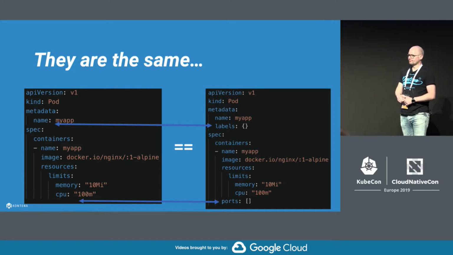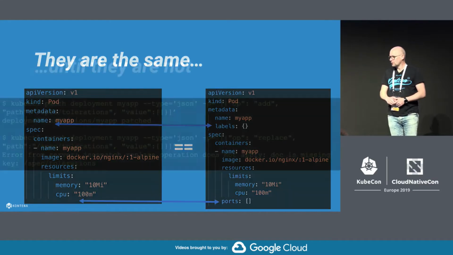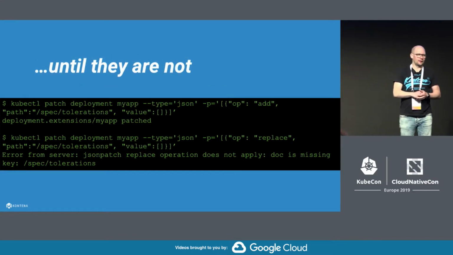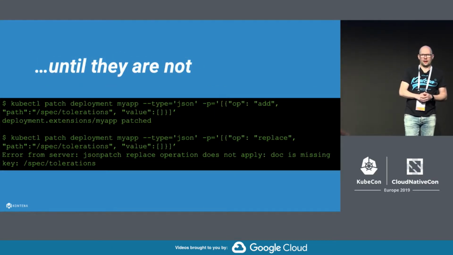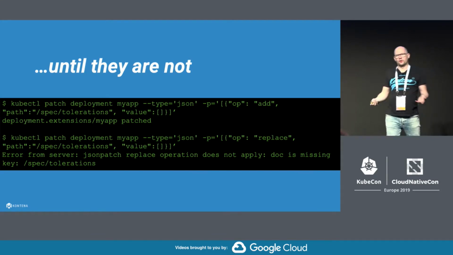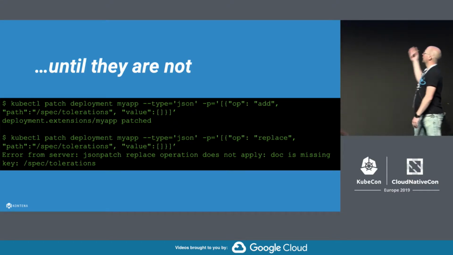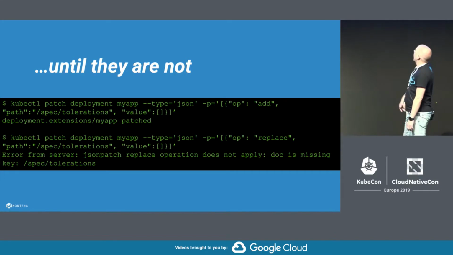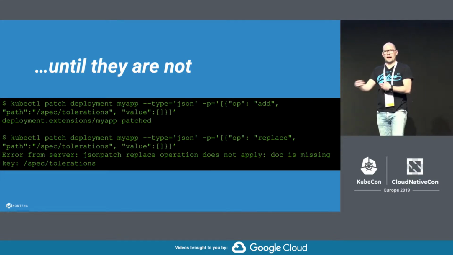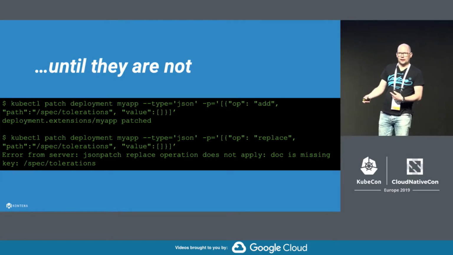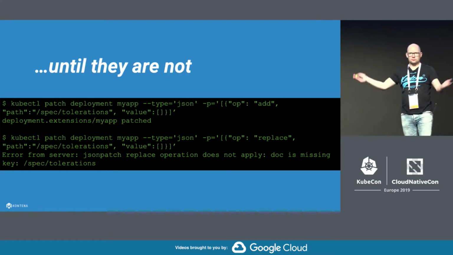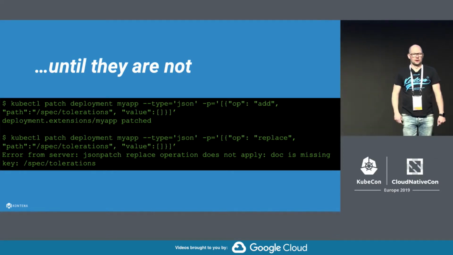Well, as it turns out, they are the same until they really actually are not the same anymore. So as we are using this JSON patch to add and remove these keys, we can do a JSON patch and add a key with an empty value to the API. Well, the API says, yeah, done, it's there.